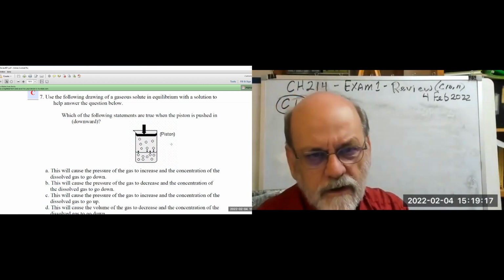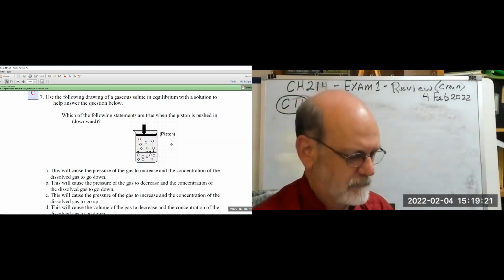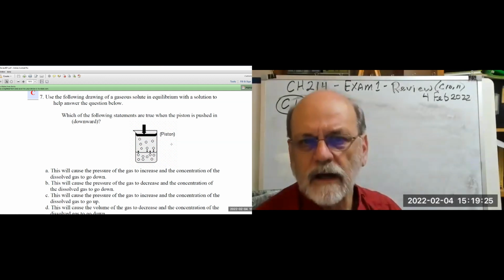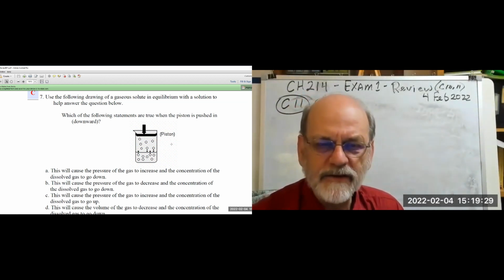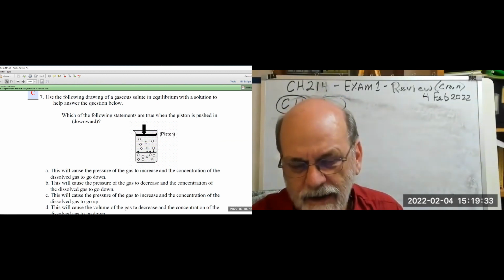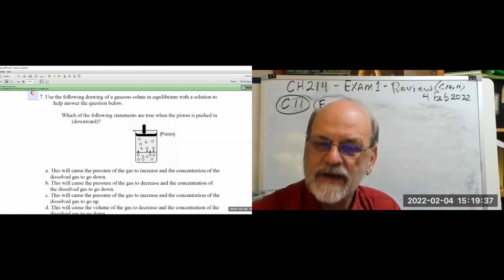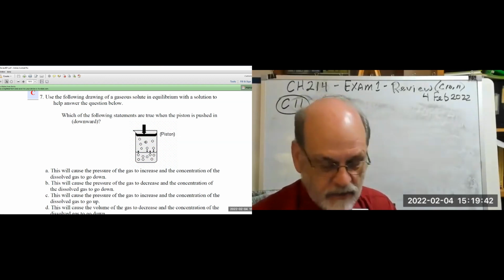Use the following drawing of a gaseous solute in equilibrium with a solution to help answer the question. So what do we have here? We've got a gaseous solute. So we're dissolving a gas into a liquid. It's not vapor pressure.